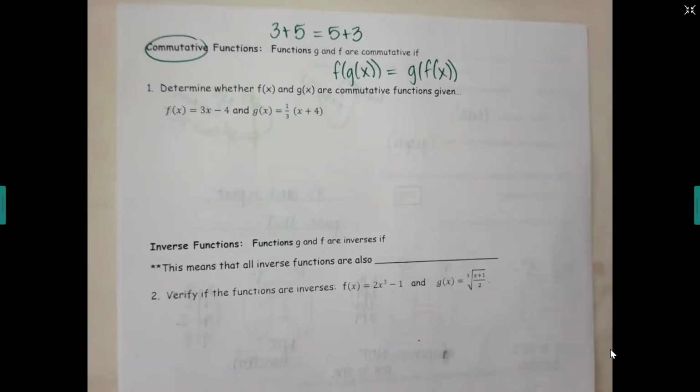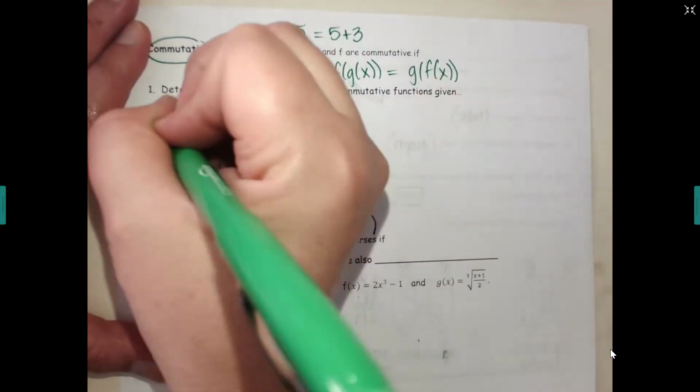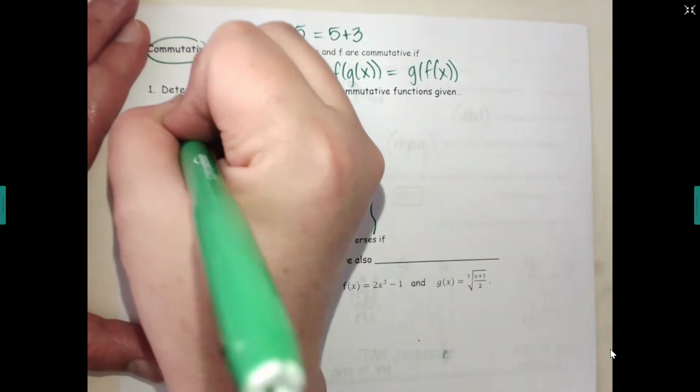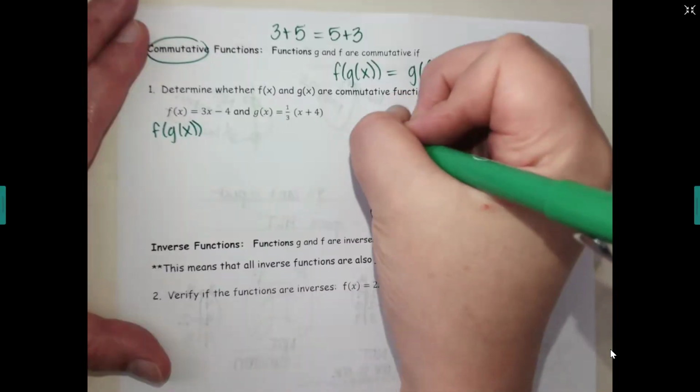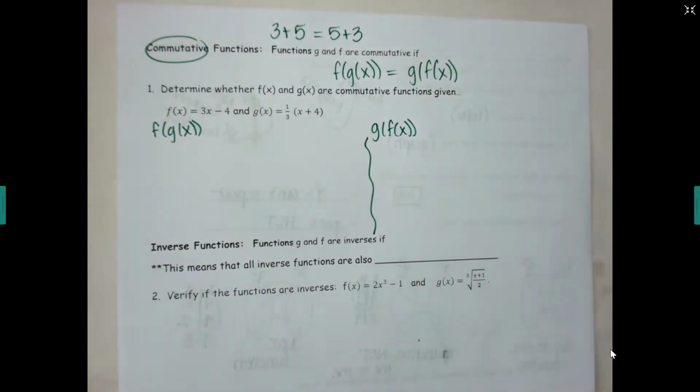So let's do it with this first set of equations. First, we're going to do f of g. Then we're going to do g of f. And then we're going to see if they come out the same. If they do, it's commutative. If they come out different, it's not commutative.